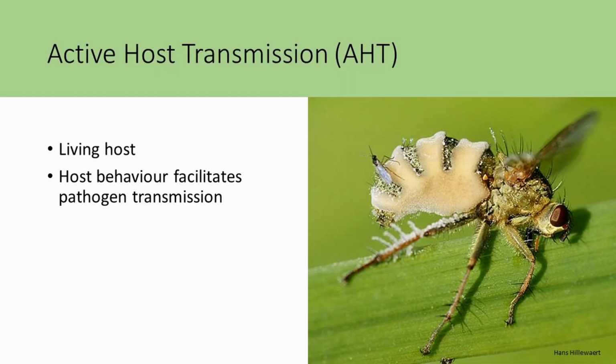So what actually is active host transmission? It is when the fungus, after infection of an insect, manipulates its host behavior to increase interactions with other individuals so that it can infect more insects.